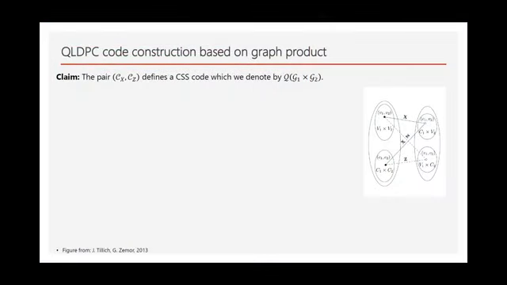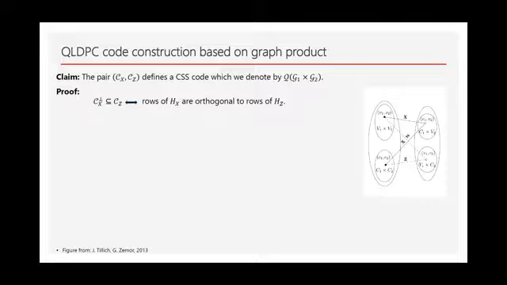Let's see a quick proof of that. In order to show that, we just need to show Cx perp is contained in Cz, and that's equivalent to showing that the rows of Hx are orthogonal to the rows of Hz.